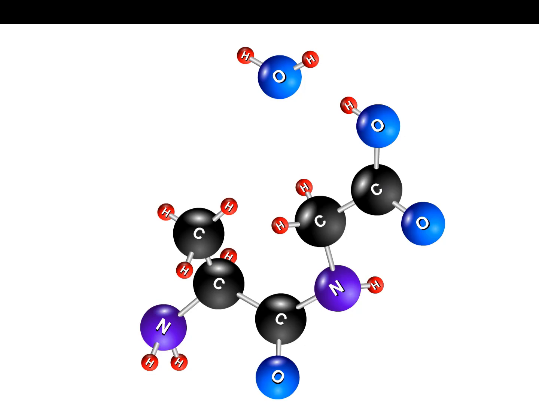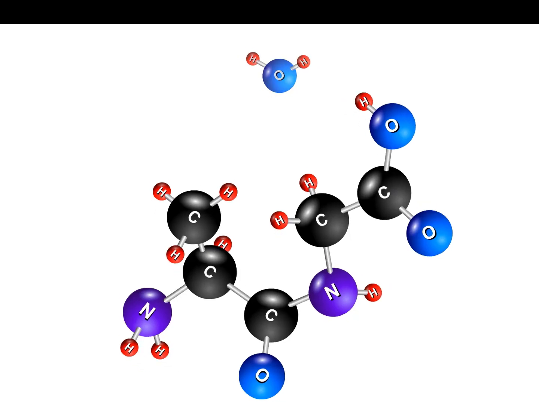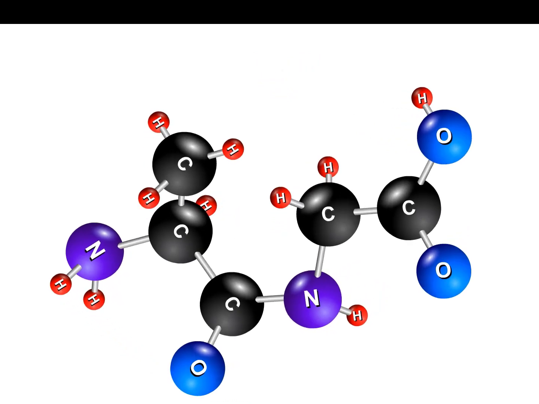The dipeptide synthesized can react with other amino acids or with other peptides or proteins to form longer molecules. Peptides consist of a small number of amino acids. Longer chains are called polypeptides, while proteins may be formed from one or more polypeptides and are generally functional units.